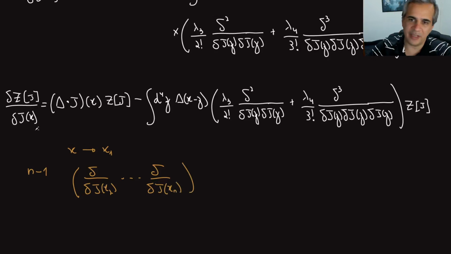So that on the left hand side in the end I'll have n derivatives going from the derivative in j of x1 to the derivative in j of xn. And on the right side we'll see.